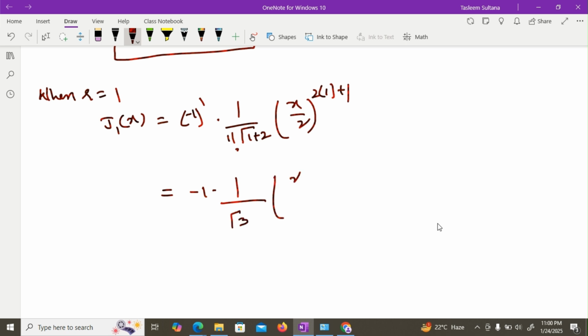Minus 1 into 1 factorial is equal to 1, where gamma of 1 plus 2 is equal to gamma 3, x by 2 to the power of 3, where gamma 3 we can represent in the form of gamma n plus 1, which is equal to n into gamma n.